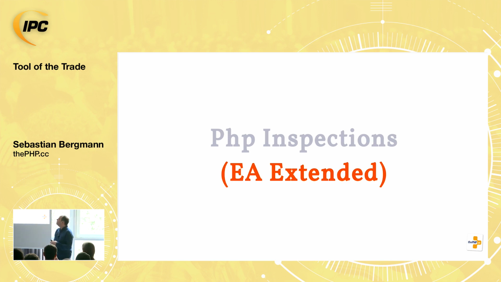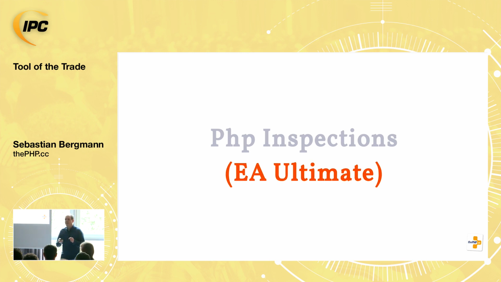That's why PHP Inspections EA Extended exists. Please do me a favor, do not ask me why this plugin for PhpStorm is named that way. I always find the naming really confusing. Ask the nice guy who develops the thing. EA Extended is the free version of that. EA Ultimate is the paid version of that.